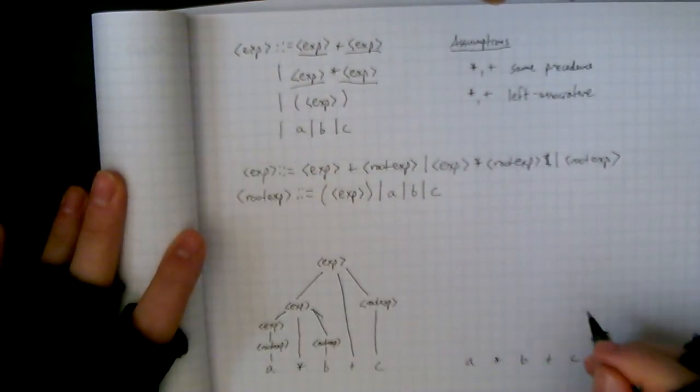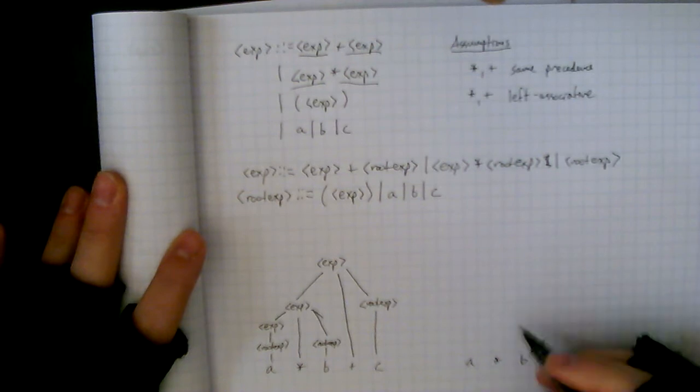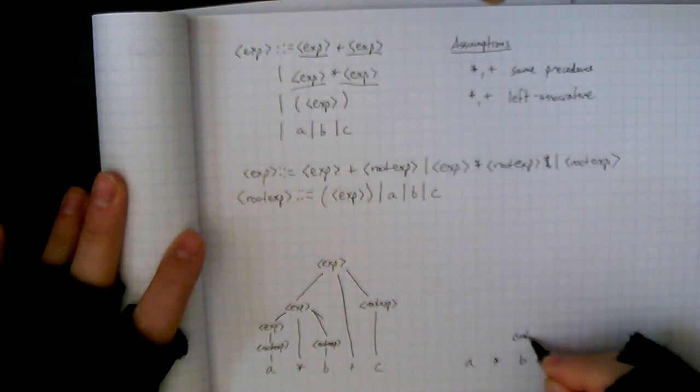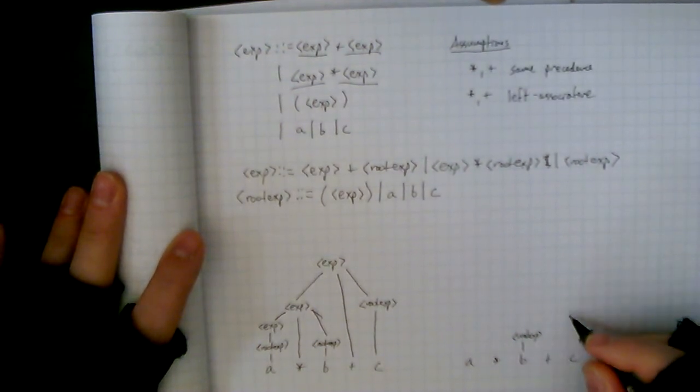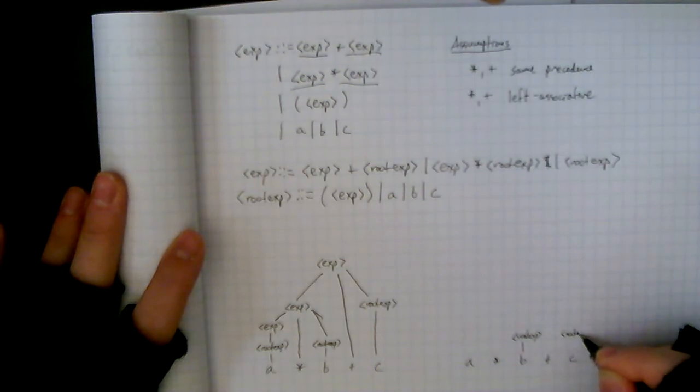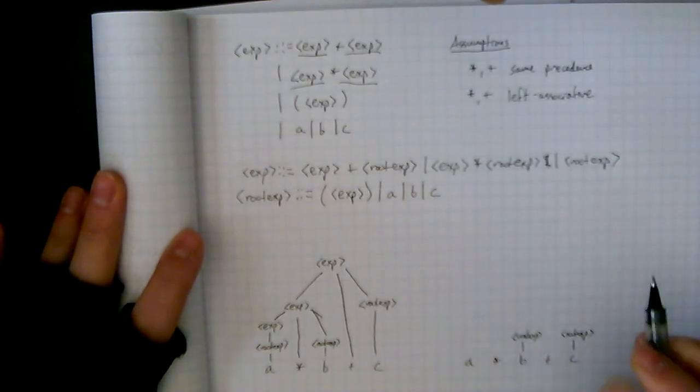So we would say that b would come off of root, c would come off of root, right?